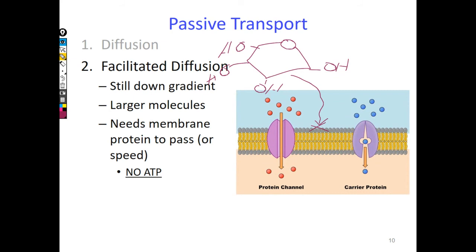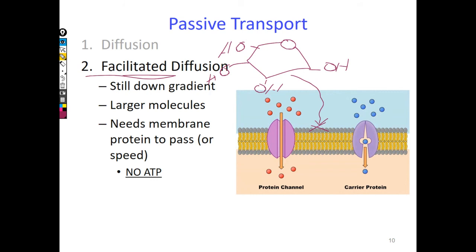Okay, no shimmy. Unlike oxygen or carbon dioxide, that could sneak across the plasma membrane, our glucose or sucrose or whatever it might be needs a different way to go about it. And that's where facilitated diffusion comes in, right? Facilitated literally means to help.